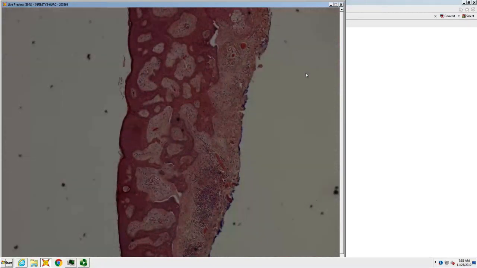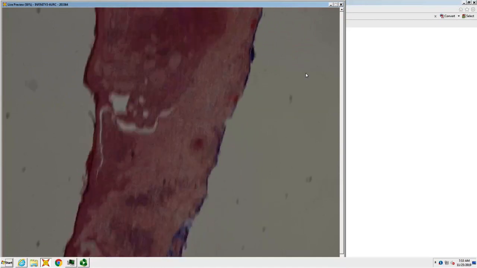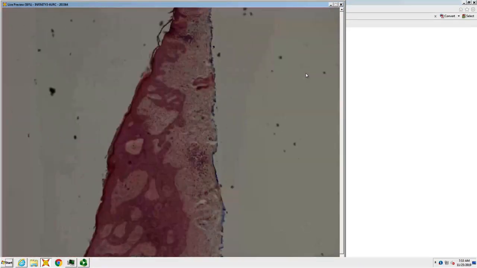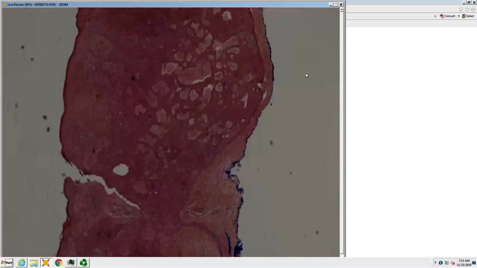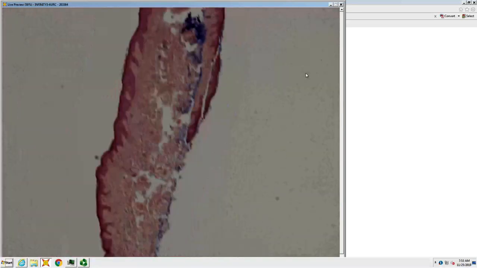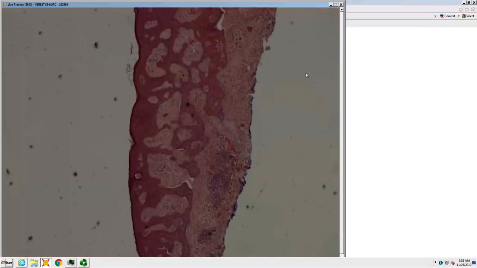So we have acanthosis, anastomosing pink strands, blue buds. What would be your anastomosing pink strands, blue buds tumor? Anyone?